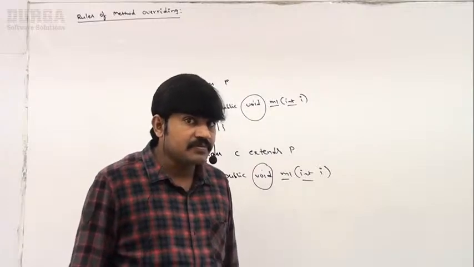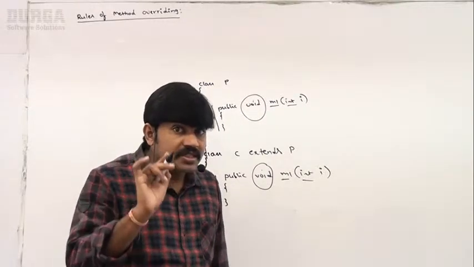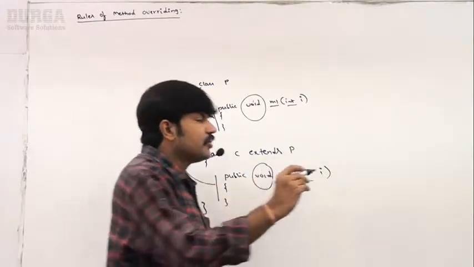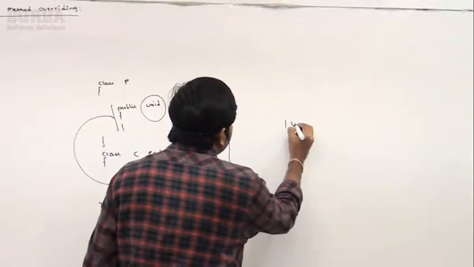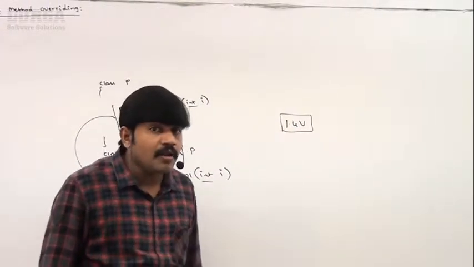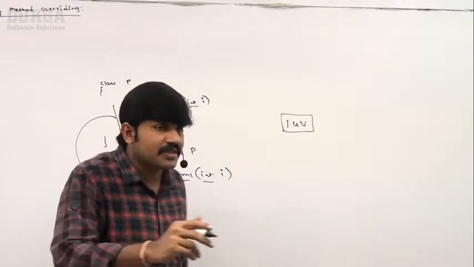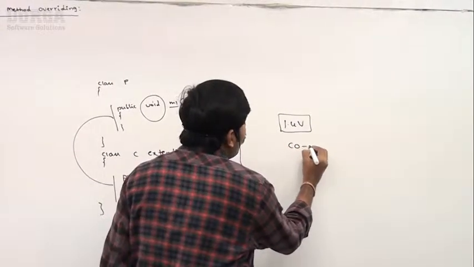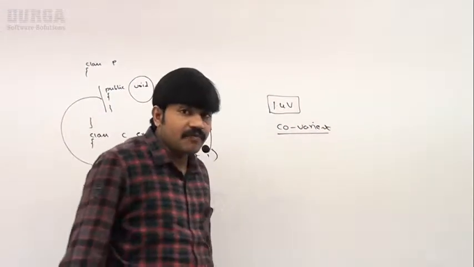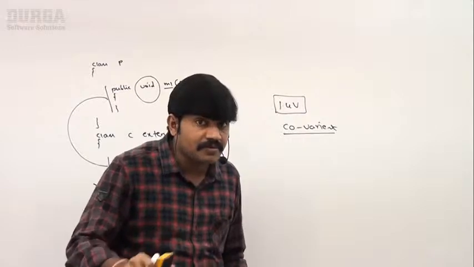So return types must be the same in overriding, but this rule is applicable only until the 1.4 version. From the 1.5 version onwards, covariant return types are also allowed.